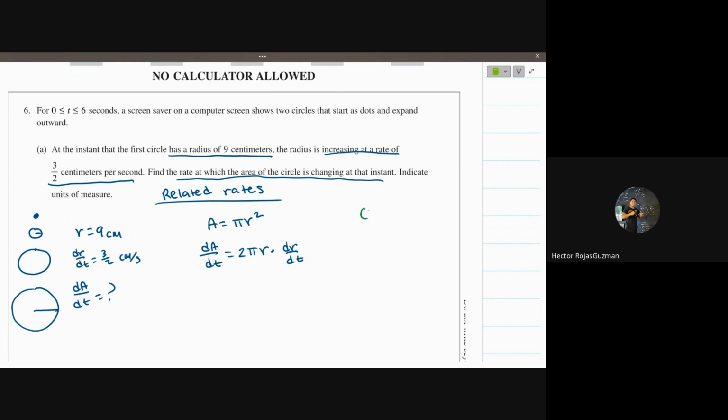You take the derivative of the outside. You leave the inside alone. So this one just comes back down. But then you multiply times the derivative of the inside. So the derivative right there would be dr/dt.